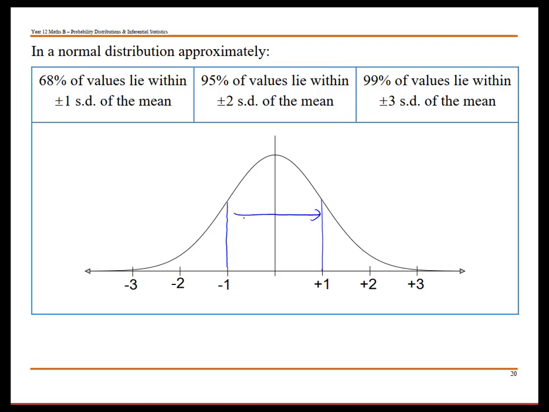So I know that 68% of values are between these 2 points. Okay, within 2 standard deviations, so from here to here, I have 95% of values, and then within 3 standard deviations, so all the way across here, I have 99% of my values. Okay.